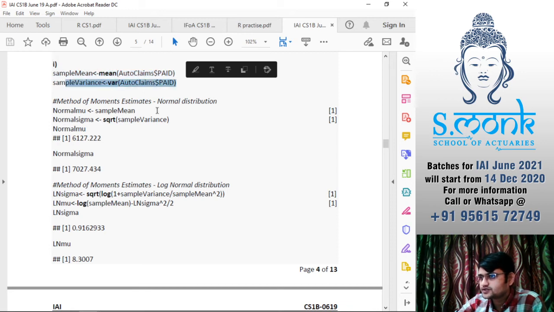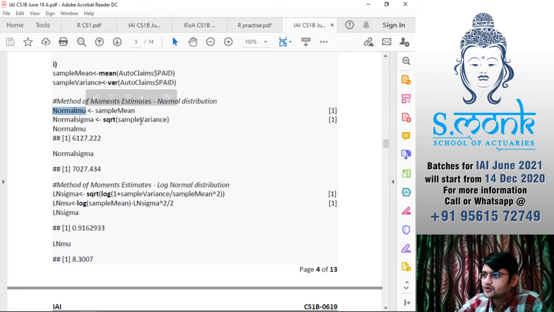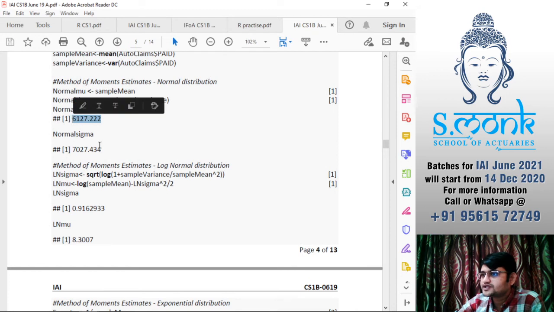Sample variance is going to be this. Normal mu, we know that mu of our whole population is going to be nothing but sample mean, and normal variance is going to be sample variance. So they are saying sigma, that would be nothing but our standard deviation, the square root of sample variance. So these are nothing but your estimates.